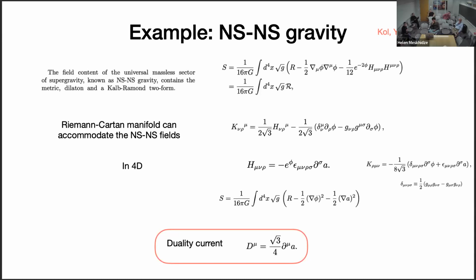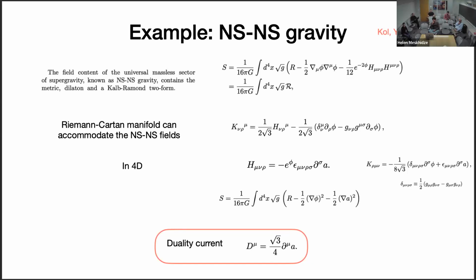It appears in all supergravity theories. In addition to the graviton, there is a dilaton and a Kalb-Ramond field. The Kalb-Ramond field is essentially an axion; it can be dualized to an axion. And this theory can be embedded into a Riemann-Cartan manifold, with a contortion tensor. So it is invariant under duality.